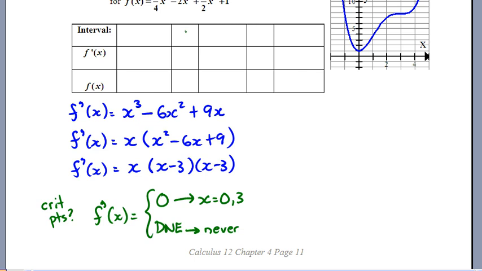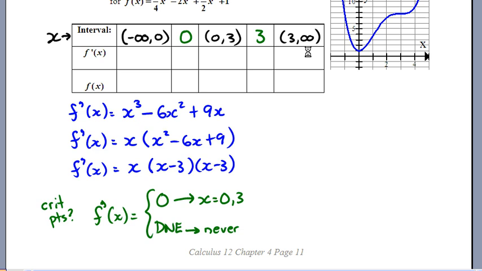Okay, 2 cuts to your number line, 0 and 3. Remember, this first row is going to be your x's. So we have all of the x's before the 0, all of the x's in between 0 and 3, and then all of the x's from 3 out to forever.